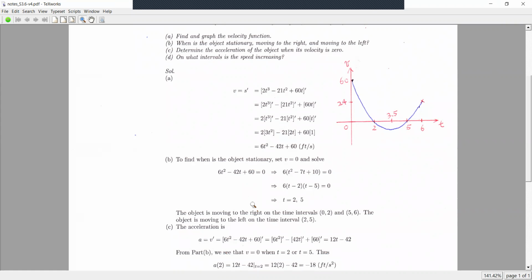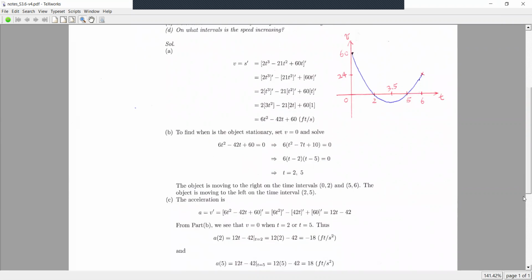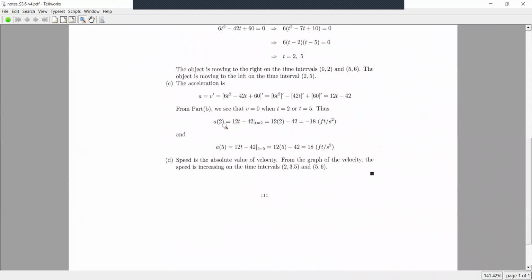From part B, we saw that when time is 2 and 5, velocity is 0. Therefore, acceleration at 2 is, plugging 2 in for t here, negative 18. Acceleration at 5, plugging 5 in for t here, is positive 18.